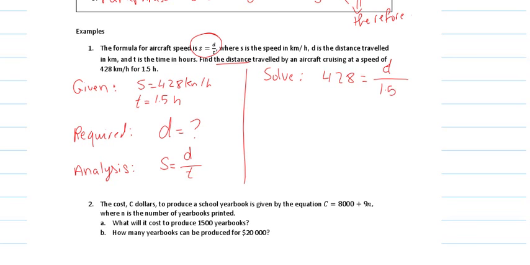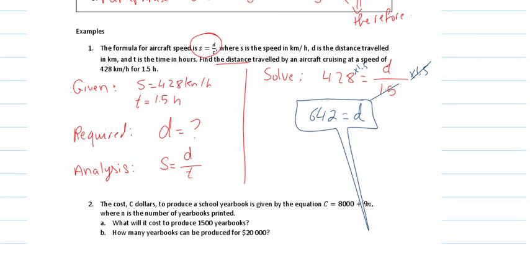That will get rid of the 1.5. So what's 428 times 1.5? 642 equals D.